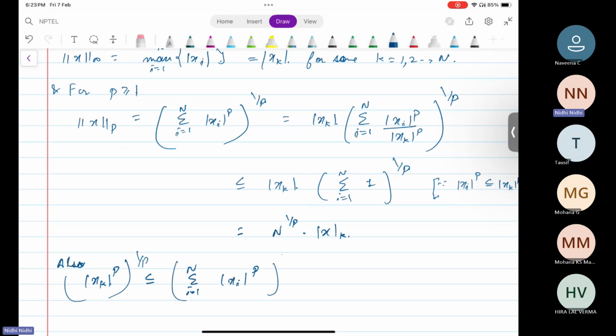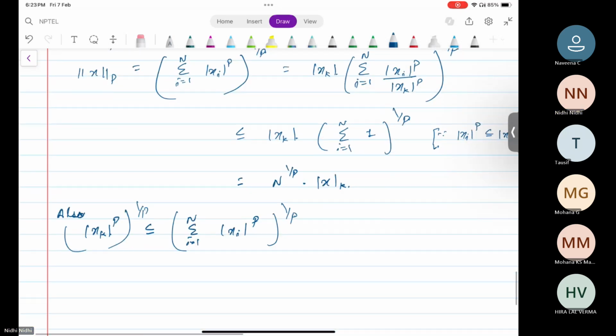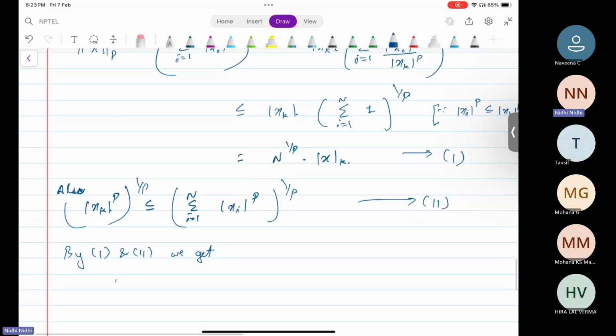So by equations first and second, we get mod xk is less than or equal to the LP norm of x, which is less than or equal to n to the power 1 by p times mod xk.